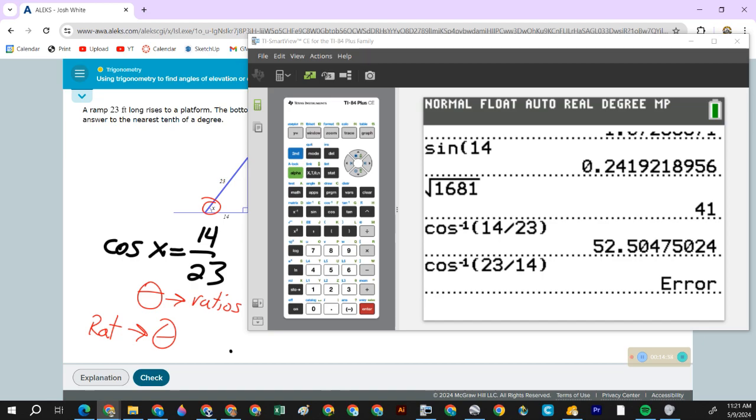Well, cosine is A over H. Can A be bigger than H? No. They can actually be the same size, which is weird. But A cannot be bigger than H in a right triangle. And can they be the same size? Kind of. We'll get to that in this chapter. All right. That's it. Get to work.